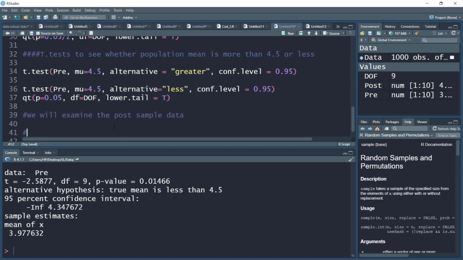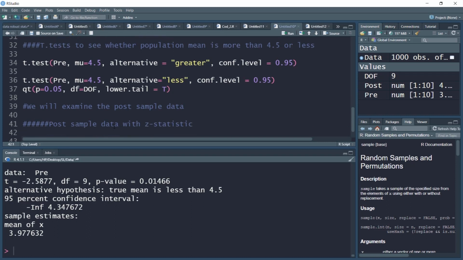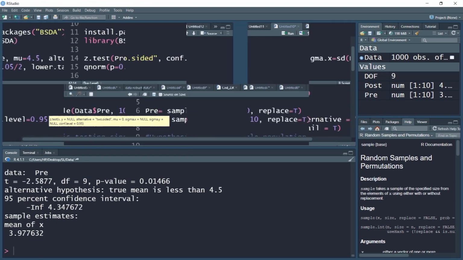So first we'll start with the post-sample data with Z statistic. Similar argument, we'll use z.test. We'll supply our post data, which is the post-sample data extracted from our previous 1000 observations.